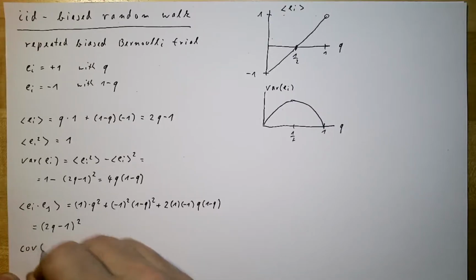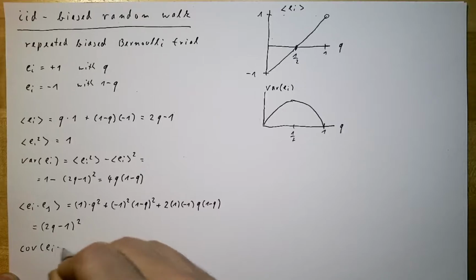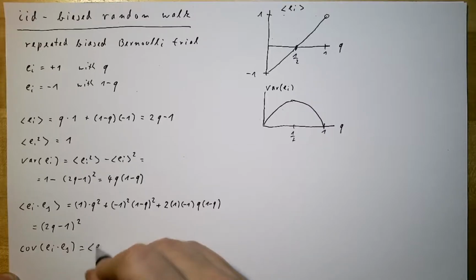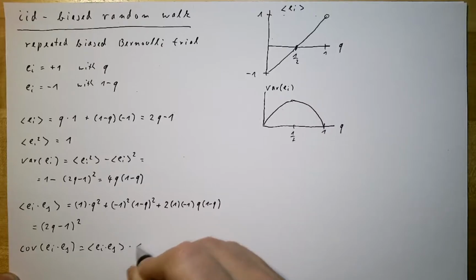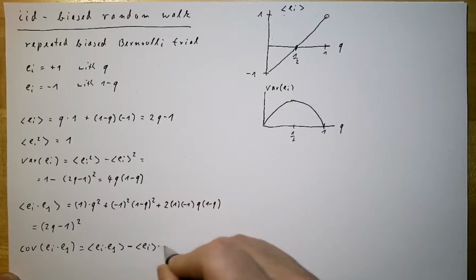The autocovariance function E_i times E_j, if i is not equal to j. So that's the expectation of E_i times E_j minus the expectation of E_i times the expectation of E_j.